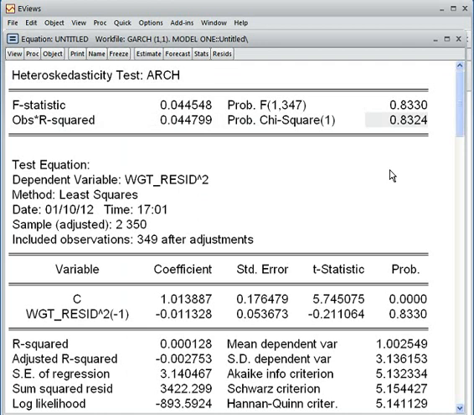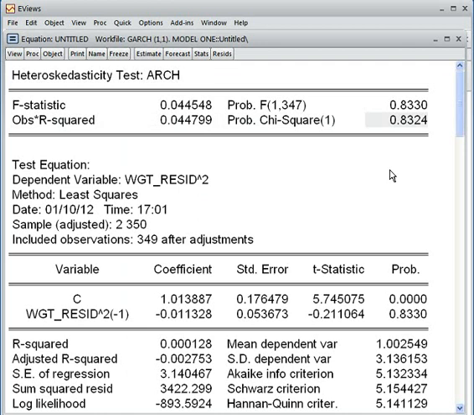What is the guideline? If the p-value is more than 5%, we cannot reject the null hypothesis. And what is our null hypothesis? The null hypothesis is that there is no ARCH effect.